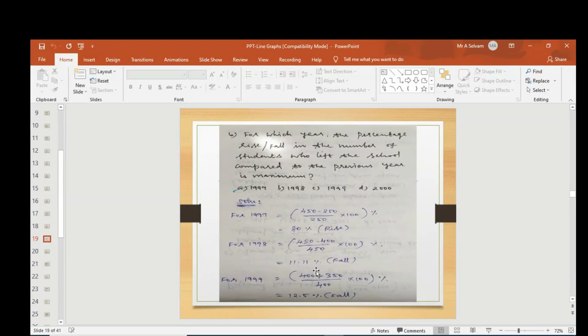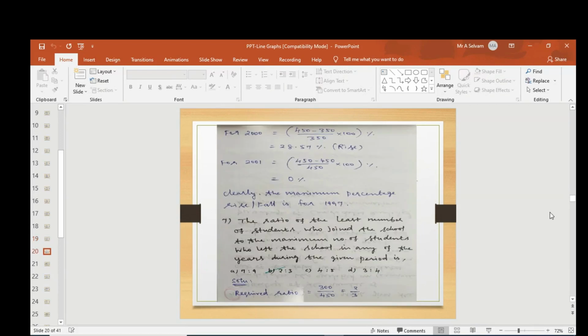For 1997 we get 80%. For 1998, 11.11%. For 1999, 12.5%. For 2000, 28.5%. For 2001, 0%, because the values are the same, 450.